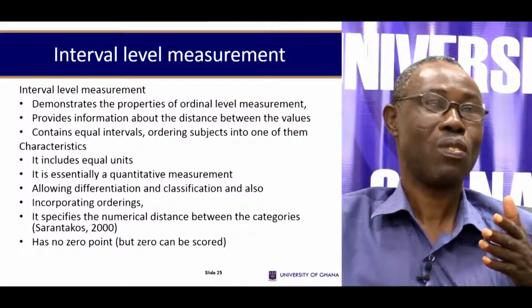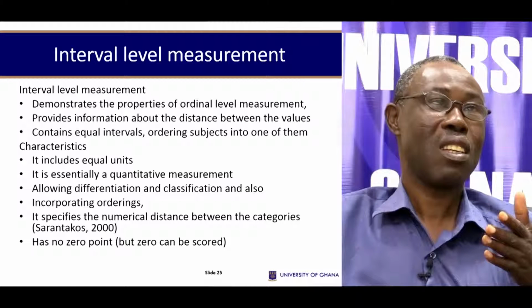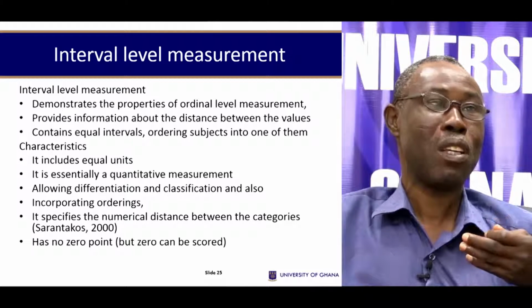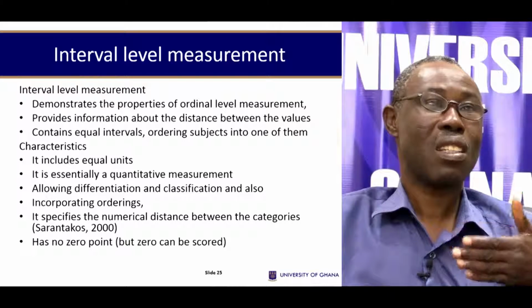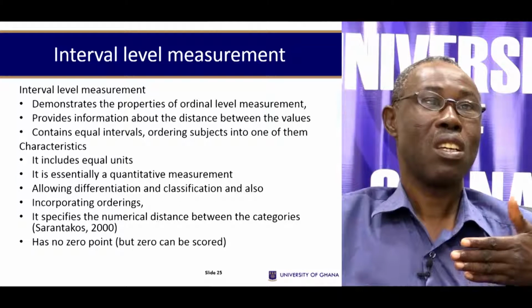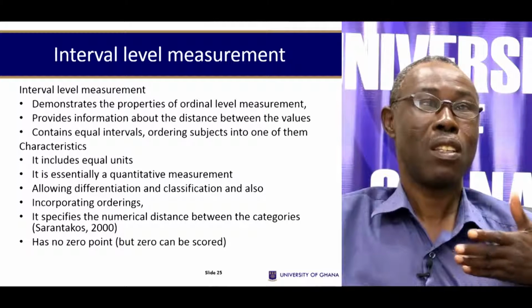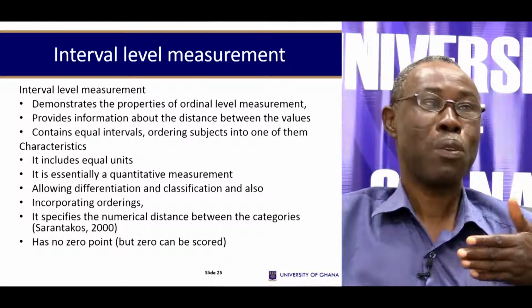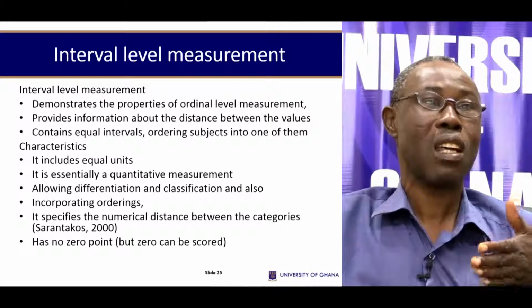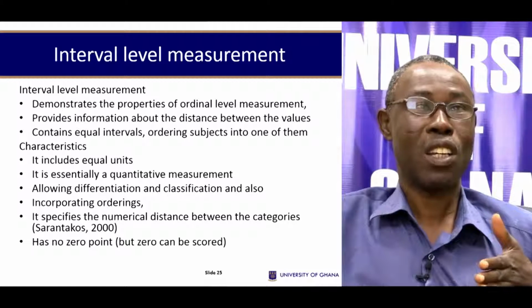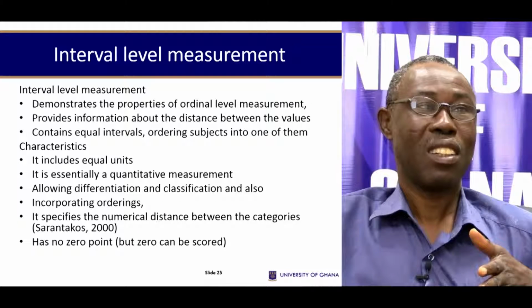The next is the interval level of measurement. The interval level of measurement is the type that demonstrates the same properties of the ordinal level of measurement, but in this case there must be an arrangement in which there is an equal interval between one category and the other.